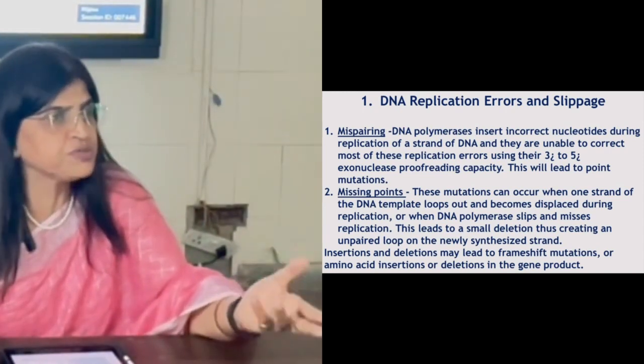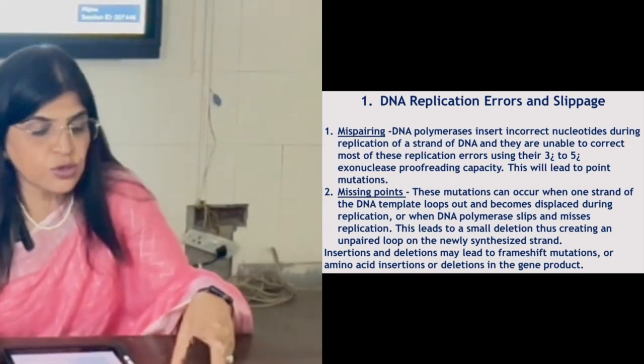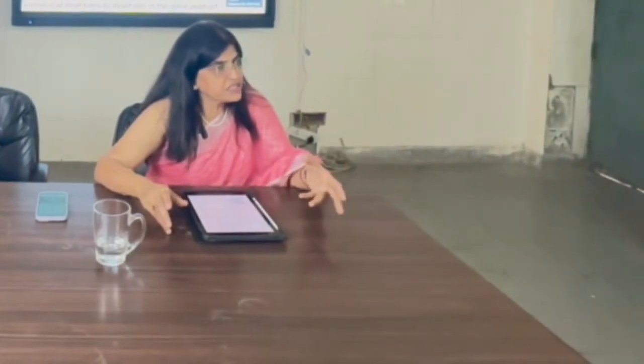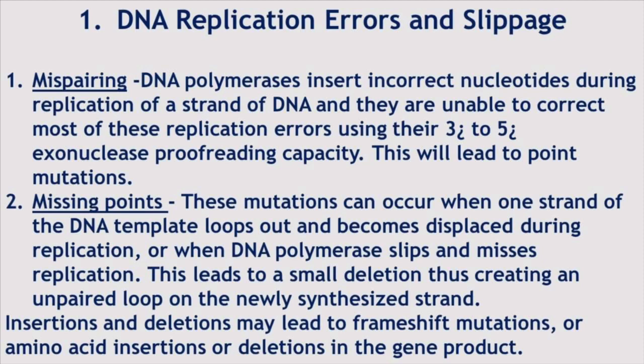DNA polymerase is prone to mismatch and insert a wrong base, which cannot be corrected even by the 3' to 5' exonuclease proofreading capacity of this DNA polymerase, and this leads to mutation. When a wrong base is inserted and not corrected, the base we were expecting is changed, and this is what a point mutation is.